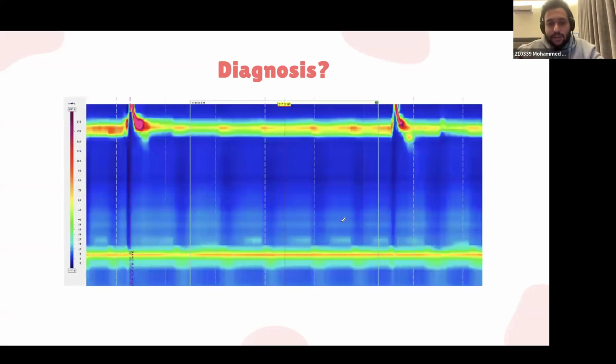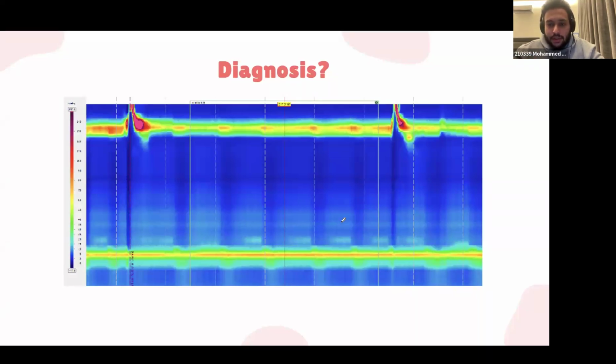Now, same patient, you do manometry. What do they have here? Perfect, no lower esophageal sphincter relaxation.